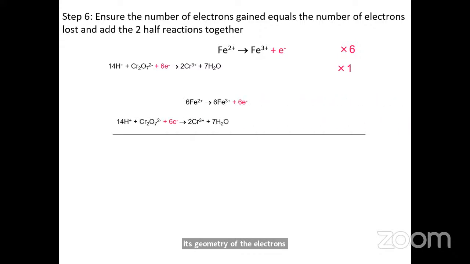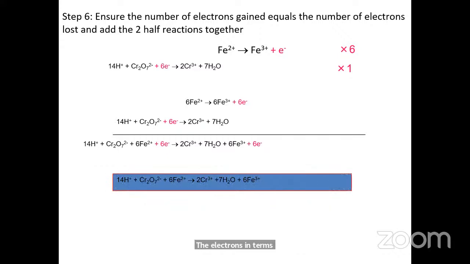So now on both equations, we have the same number of electrons. Then we can add up together. The electrons will cancel out. And so this will now be our final balanced equation after canceling out the 6 electrons.